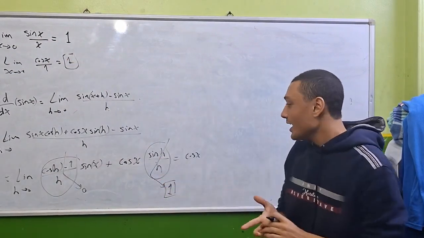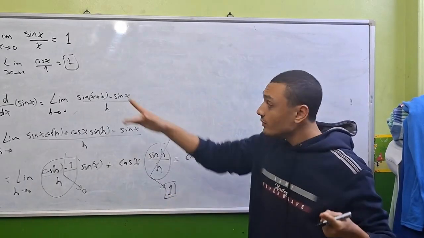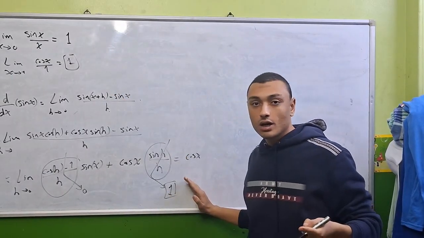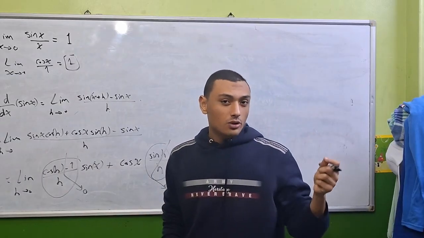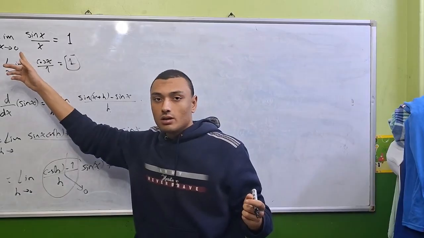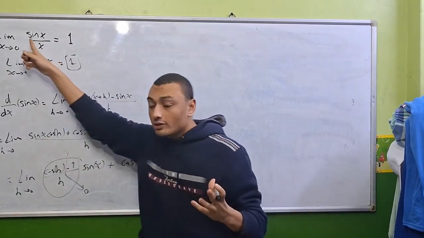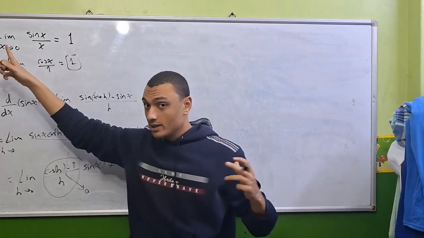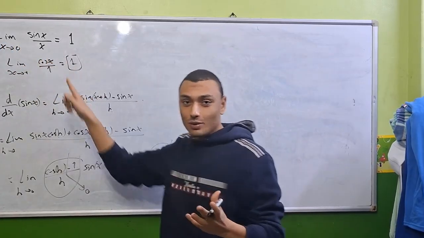You get what I mean? You have to know that this limit is 1 to know that the derivative of sine x is cosine x. So you cannot use the result that the derivative of sine x is cosine x to evaluate this limit, because that result depends on making this value 1. You see what I mean?